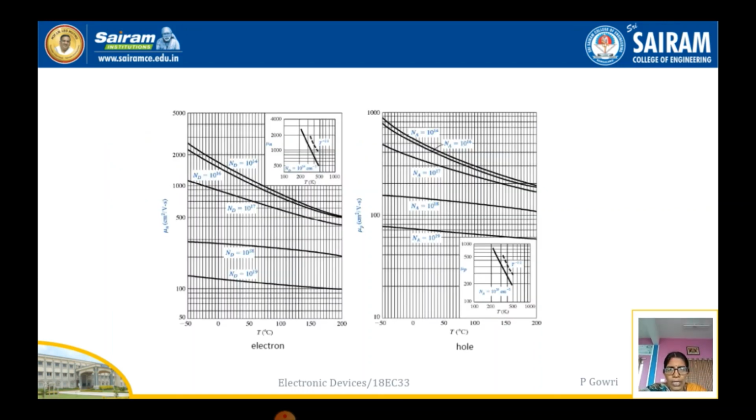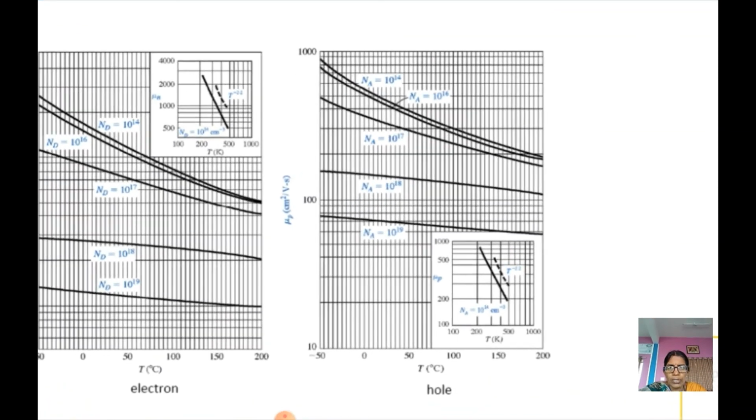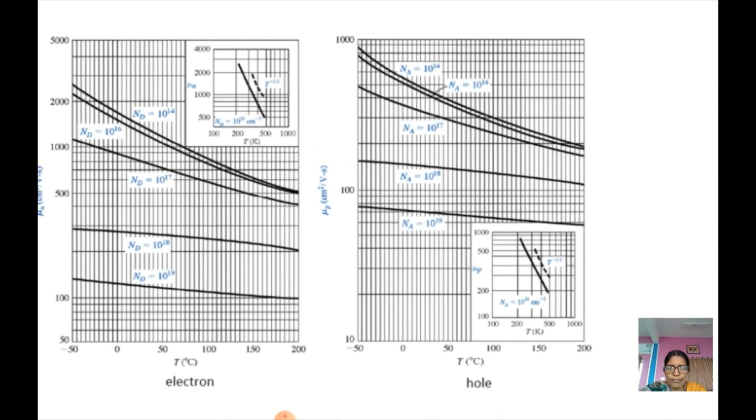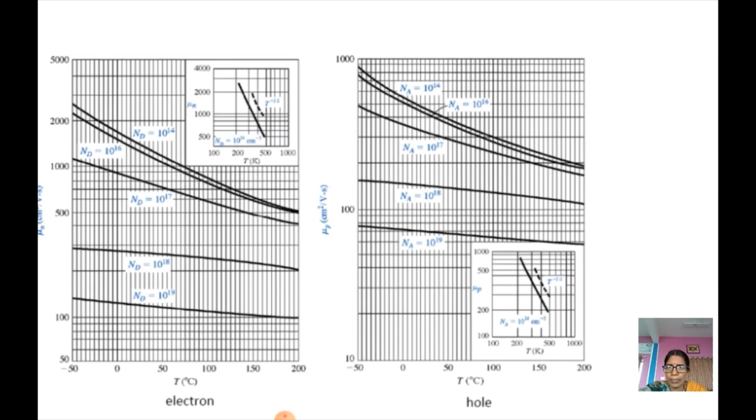This graph gives, for various concentrations of the donor and the acceptor impurities, how the mobility varies with respect to the temperature.